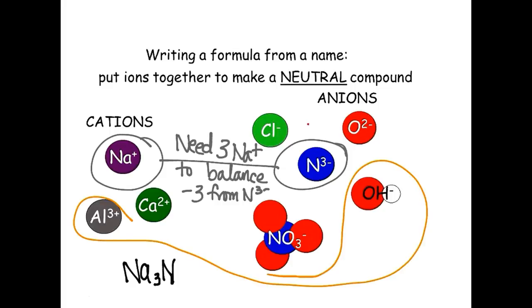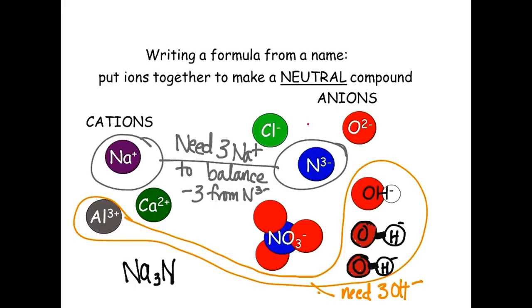Now let's instead combine aluminum ion and hydroxide. Hydroxide is -1, aluminum is +3, so we need 3 hydroxides. Because hydroxide is polyatomic, we need to write it with parentheses, like that.